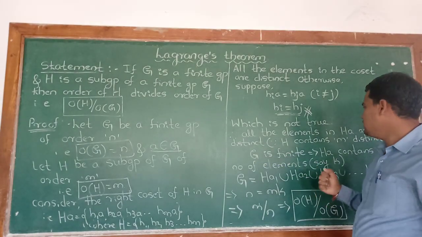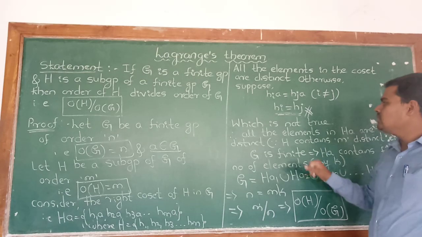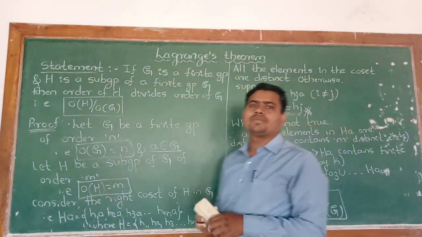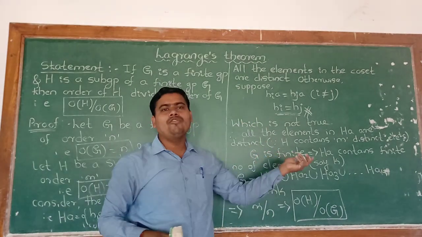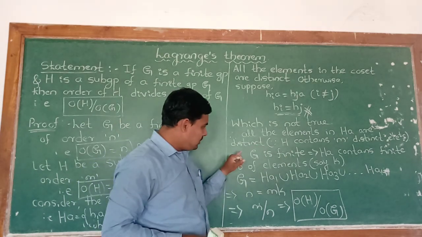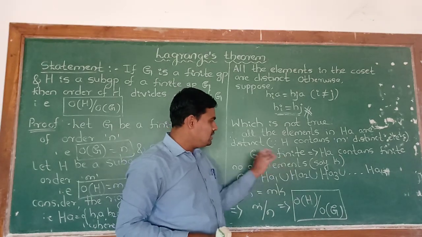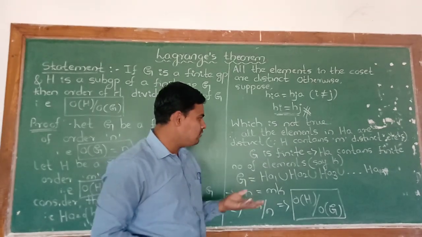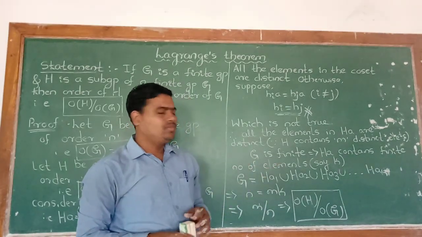Since H contains m number of elements, distinct means Ha contains m distinct elements, and those may be k number of distinct right cosets of H in G. G is finite means Ha is also finite, which means it contains some number of elements, that is k.